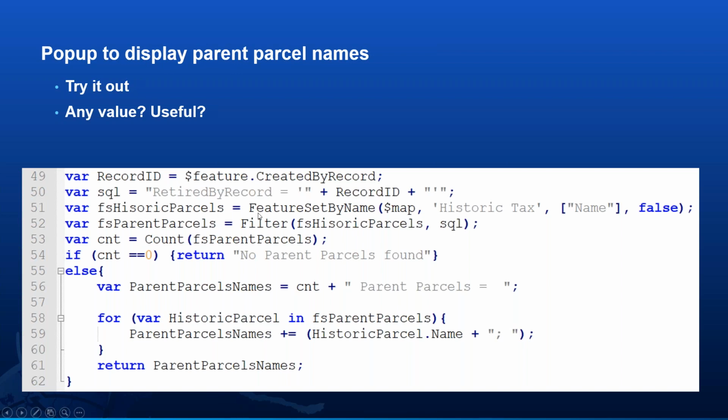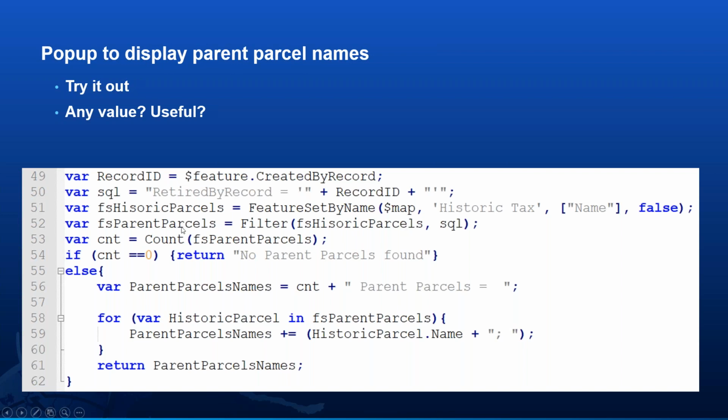Now the historical parcels, we can get to them with feature set by name. We use the map. In this case, the layer is called historic tags. We're only interested in the name of those, and we don't need the geometry. We are not relying here on geometry. We're relying on the attribution. Now, the parent parcels basically give me all the historic parcels, only the subset that have the retired by record equals that record ID.